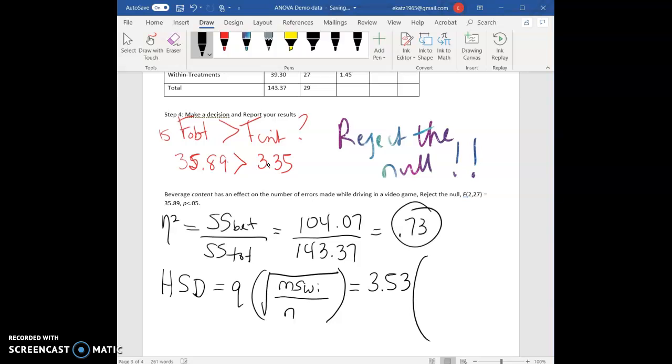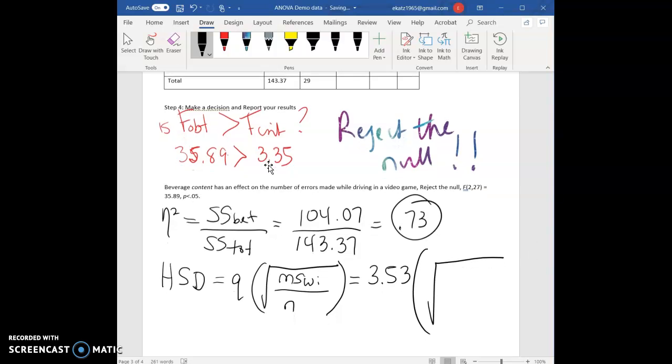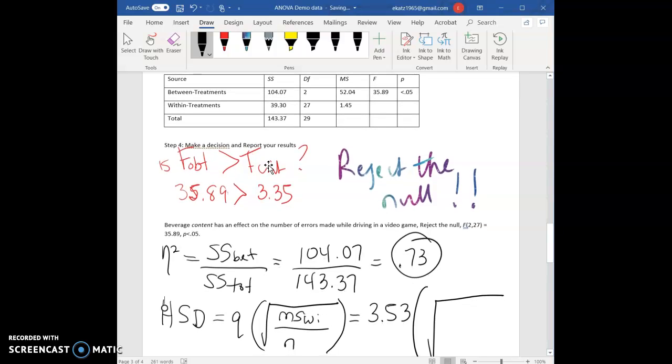3.53 times the square root of the mean square within, which is 1.45, right? And we're going to divide that by the number of observations within each of the groups, and that's 10.